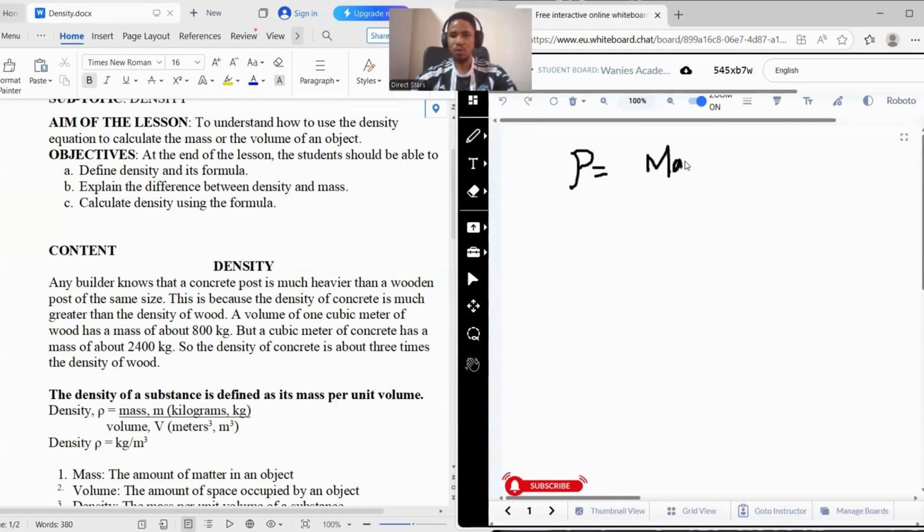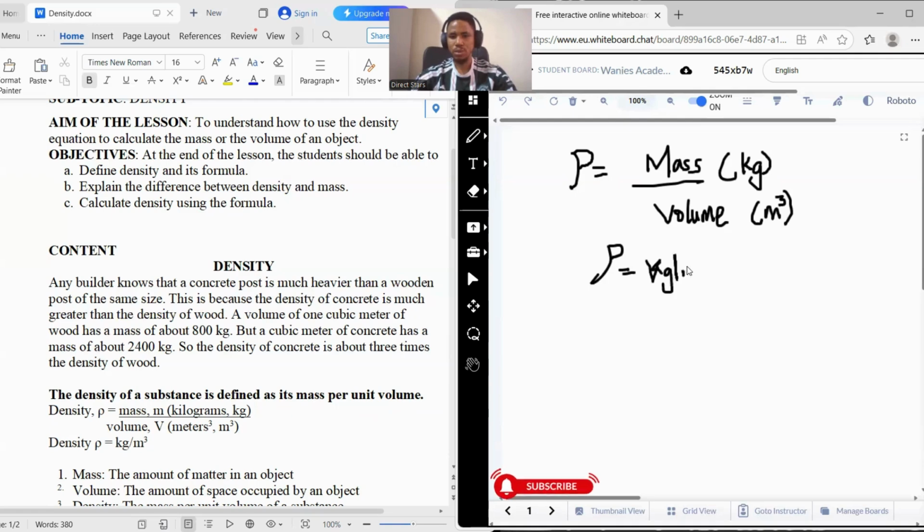While mass is measured in kilogram and volume is measured in meter cube, that makes the unit of density kilogram per meter cube.